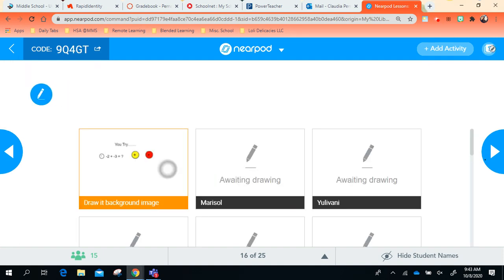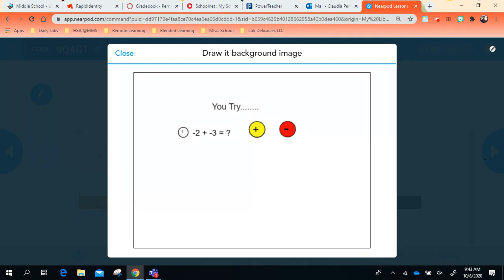Okay, so now I want you to try this problem. You have -2 plus -3. And I want you to think as you're solving it. Obviously, you can't drag and drop. You can either use your plus and minus, or you can use your full or empty circles. Whatever works for you. And think about negative plus a negative is going to give you what answer? I want you to think about that when you're finished.